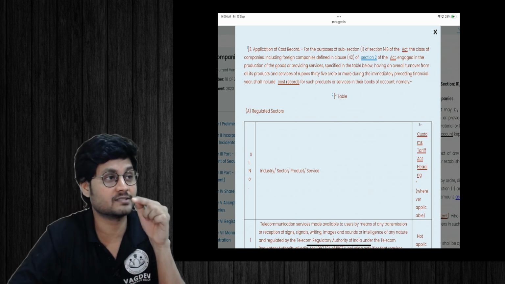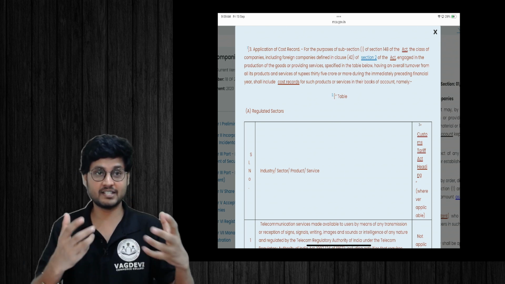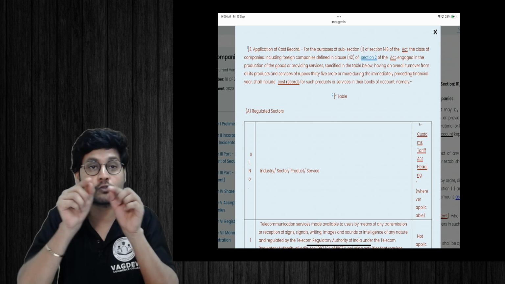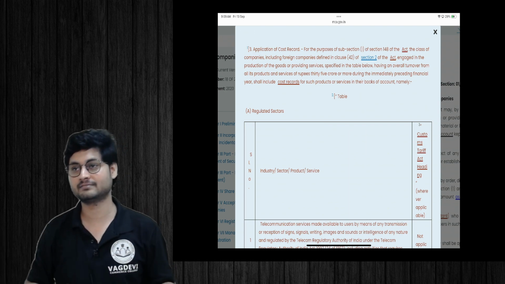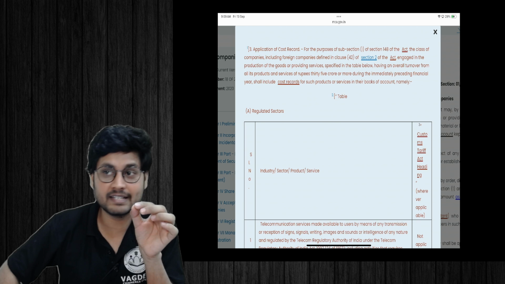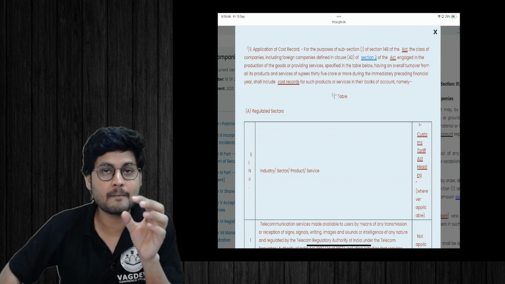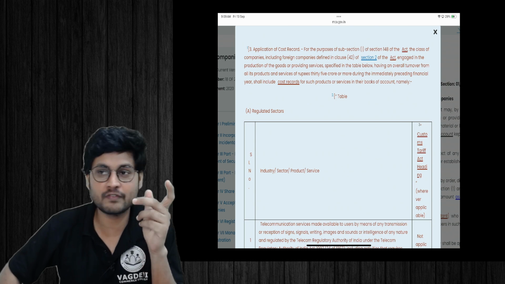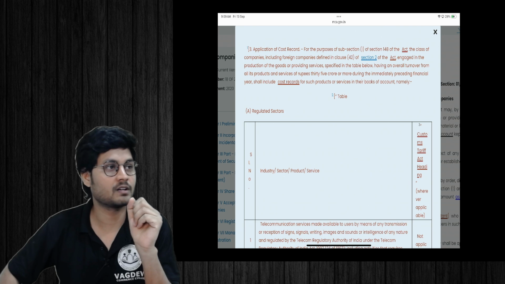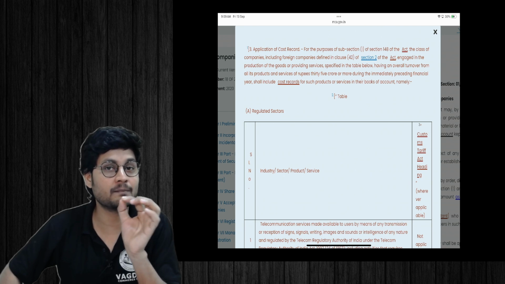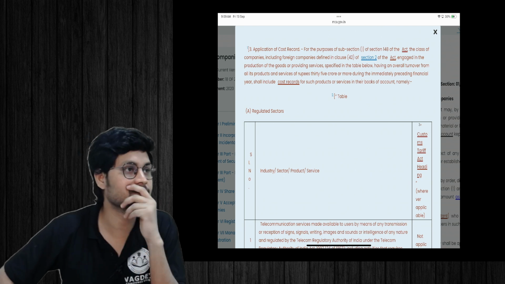for such products. Which products? Such and such products, those products which are mentioned in table A and B. Only table A and B products are required to be maintained. Those books of accounts are required to be maintained for cost accounting purpose as per rule number 3.